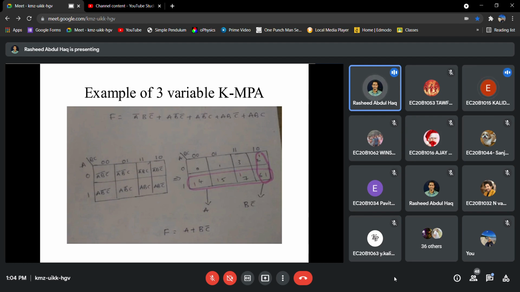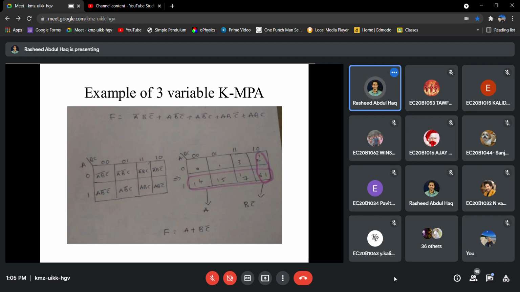Yes, we have one for two cases: A bar B C bar and A B C bar.